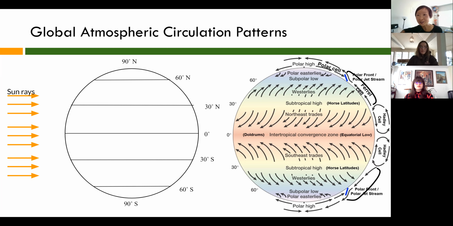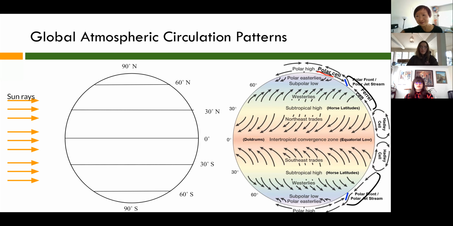As you can see in the picture on the right, we have three cells: polar cell, Ferrel cell, and Hadley cell. How are they created? Again, two reasons for high-low pressure: dynamic high, thermal high, dynamic low, thermal low.